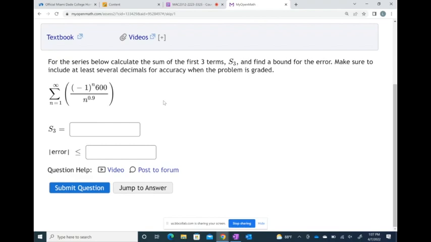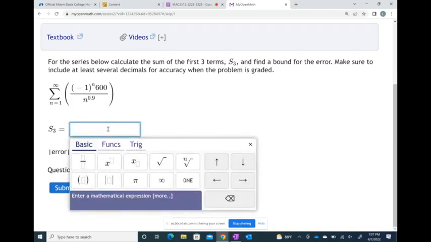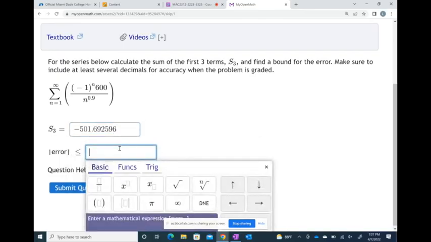Yes, I knew something was a little bit weird. So negative 501.692596. That's what I'm getting there. So let's put it here: negative 501.692596.